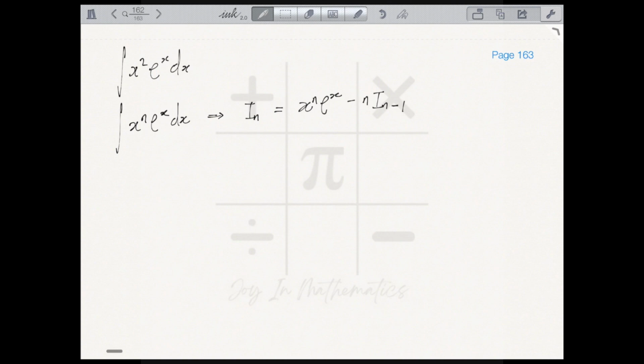So if we compare what we have here to this, we will realize that our n is equal to what? 2.